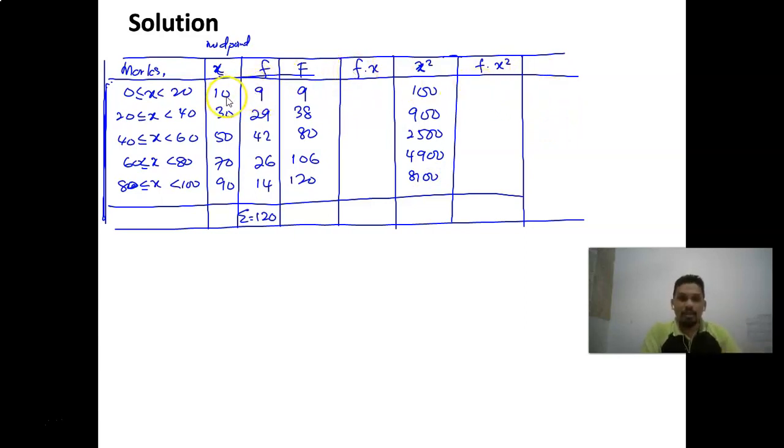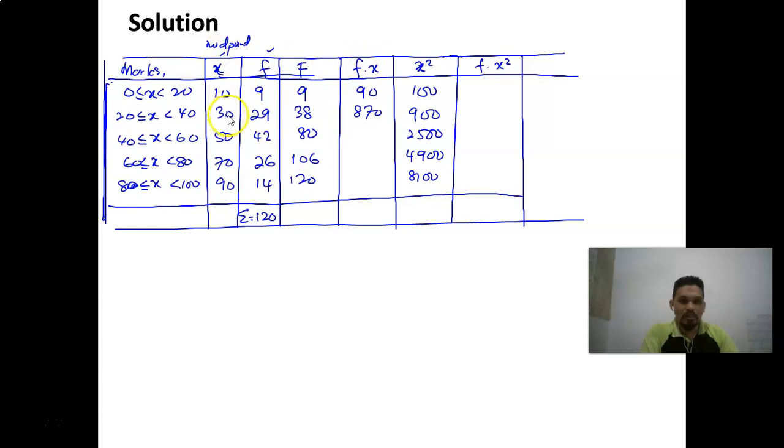Now f times x: 9 times 10 equals 90. Oh no, I'm sorry, it's not 38 times 30, it is 29 times 30. 29 is the f, this one here, multiplied with x.